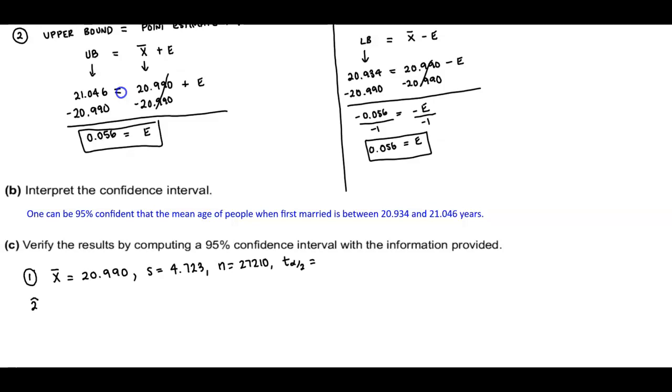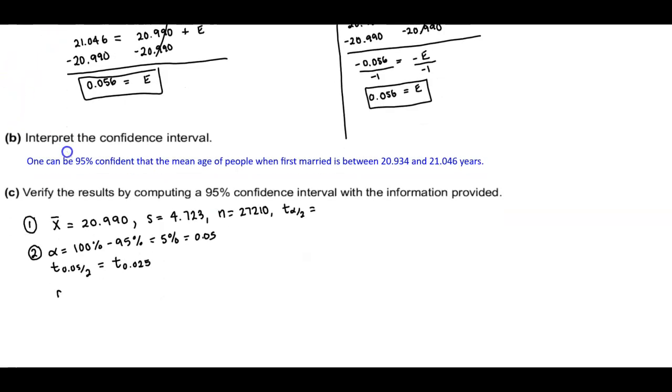To find the critical value, alpha is 100% minus 95%, which is 5%, which is equal to 0.05. So we're looking for t 0.05 divided by 2, so the area in the right tail is 0.025.